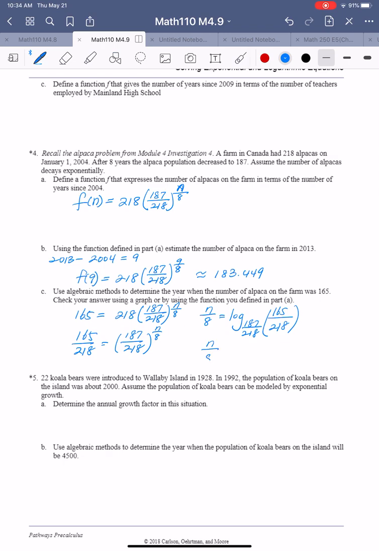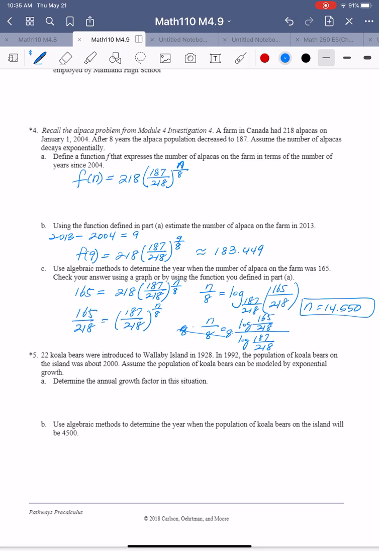Then n over 8 is the log base 10 of 165 over 218 divided by log of 187 over 218. Solving for n, I need to multiply both sides by 8, and you get n equal to about 14.550 years.